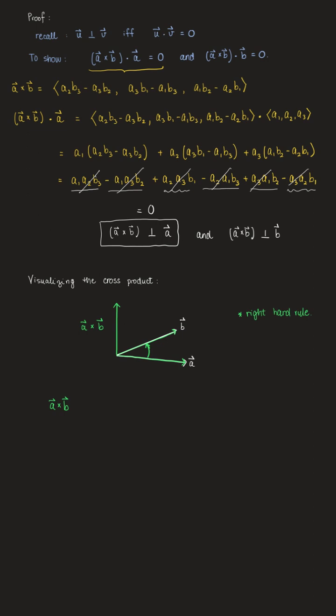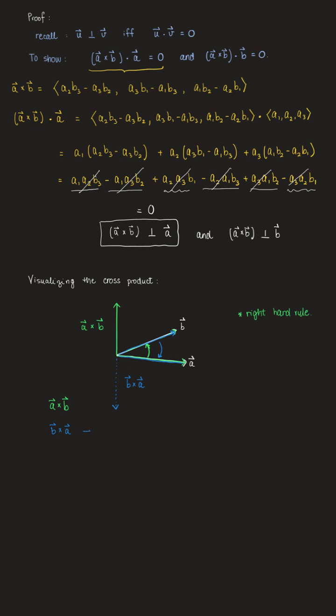Now, if we did instead B cross A, this time we would start at B. Imagine lining up the palm of your right hand at B. This is much harder to do. Curl your fingers towards A, and your thumb is going to point to B cross A. So you should see that we get a vector that points in exactly the opposite direction as A cross B. And we saw in the previous video, in fact, that A cross B and B cross A have the same magnitude but point in opposite directions.